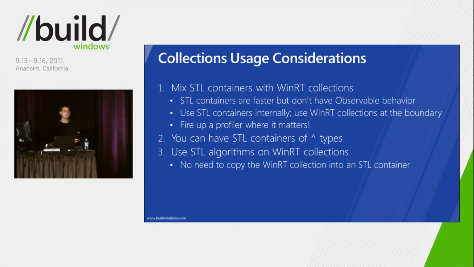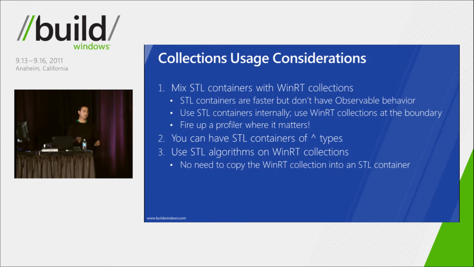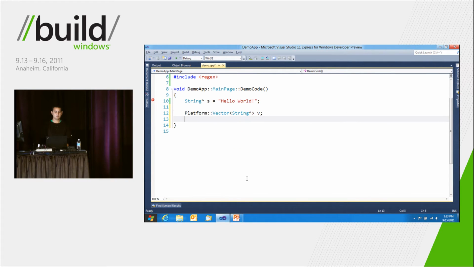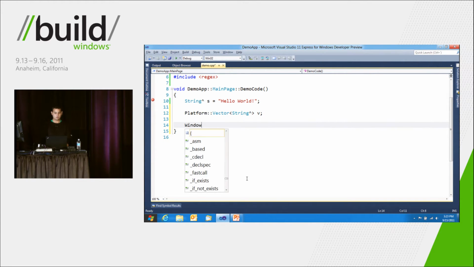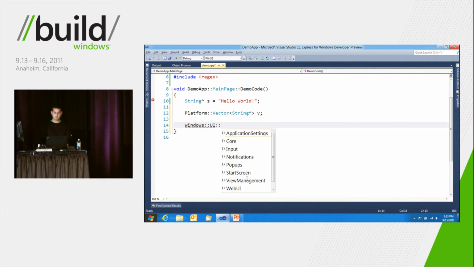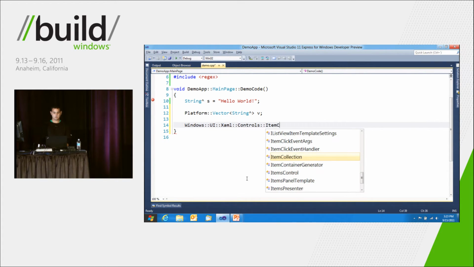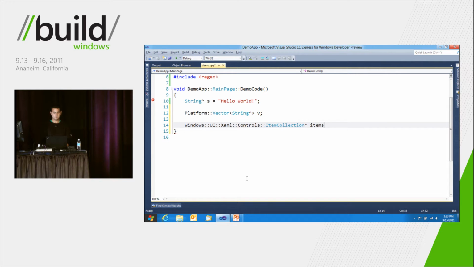Most importantly, you can, for example, iterate over a platform vector. So if I have a platform vector, I don't have to copy it into a standard vector to move over it. So let's say I have a Windows UI XAML controls item collection, items. This is faster.